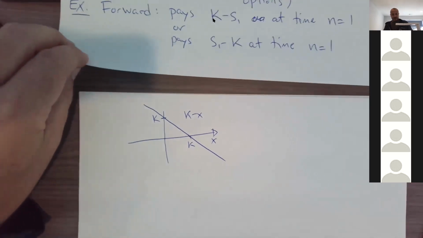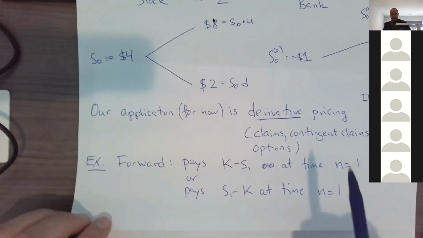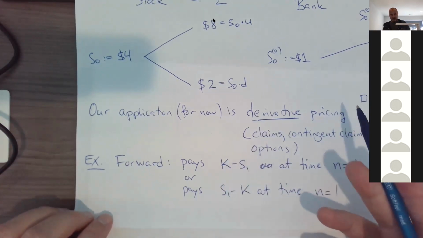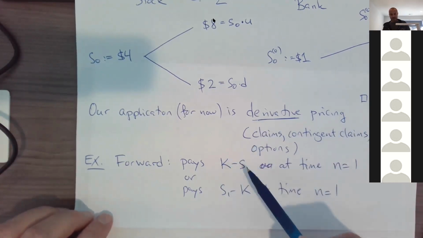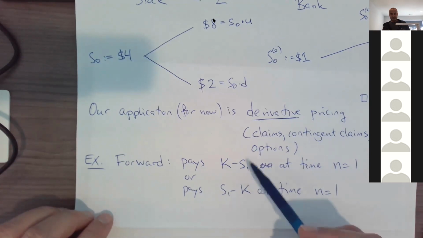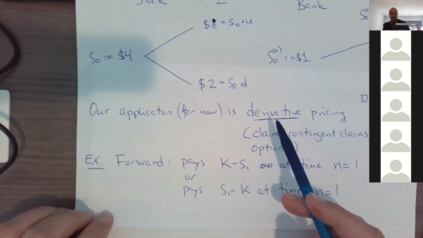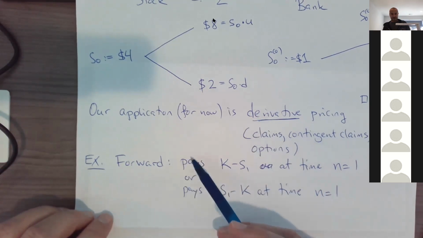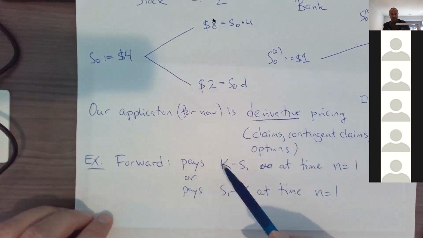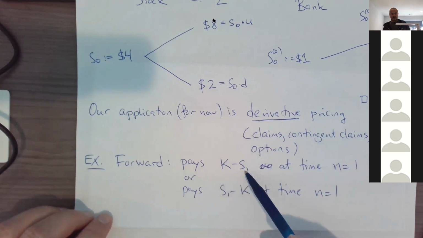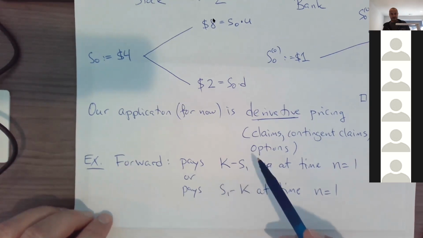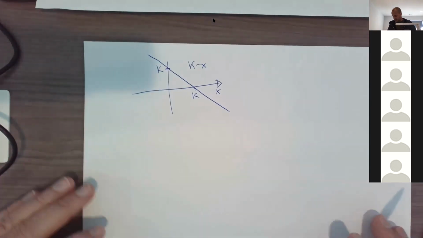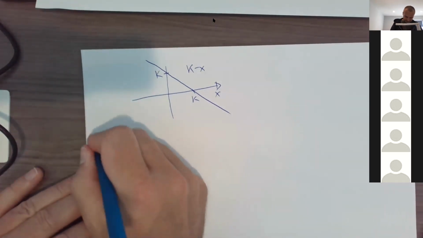Okay, so this is one derivative. It's called a derivative because the derivative's payoff depends upon what the stock price is. That's why it's called a derivative. A forward is a derivative because the forward's payoff, this difference here, depends upon the stock. Okay. Other popular derivatives will be options.